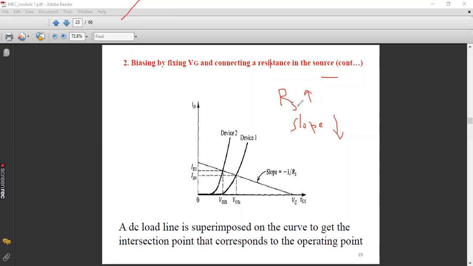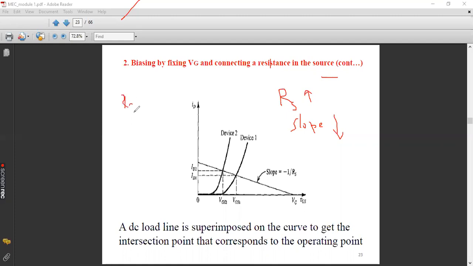Here I told you when Rs increases, the slope decreases, which means it becomes less steep. This line will become less steep. Consider this as a ladder. Whether this line will come down or move up, please share your views.